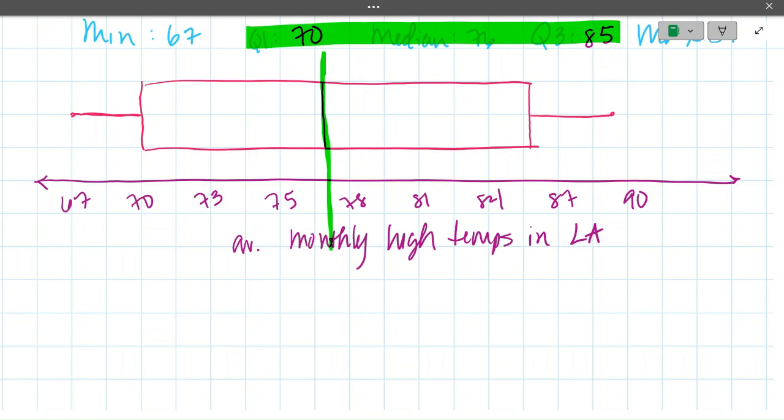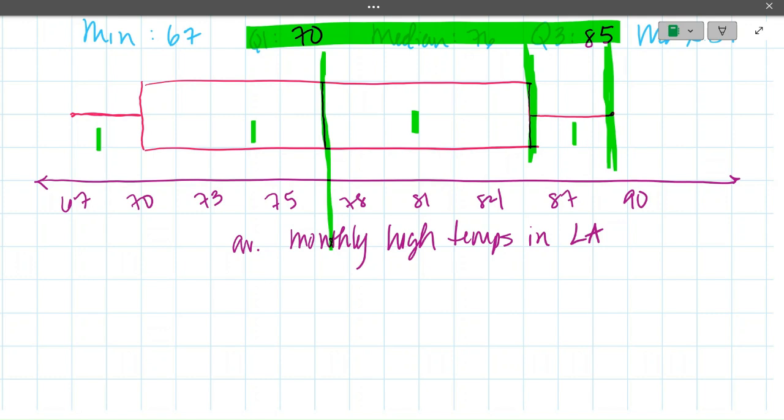I would say in Los Angeles, there are 3 months. I'm getting 3 months because remember, each one of these parts of my box and whisker plot represents a quarter of our data. There's 12 months in a year, so this represents a quarter of those months, or 3 months.